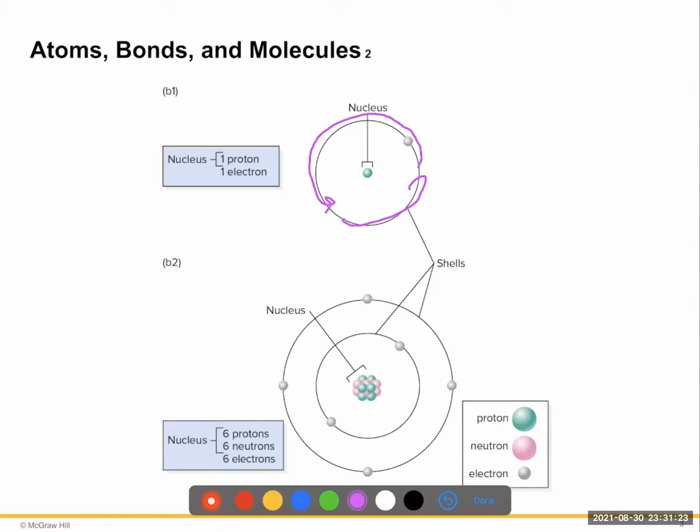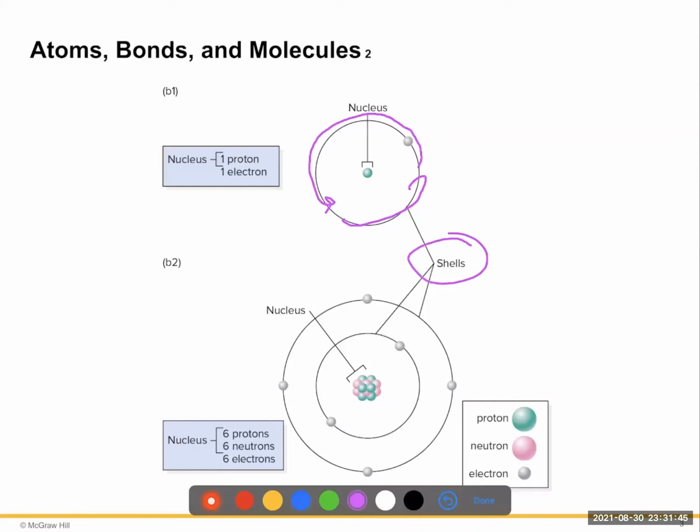The nucleus would be a pea, and the space electrons occupy would be the entire stadium. So the nucleus is a very, very tiny amount. In the nucleus, you have protons and neutrons, and spinning around it in these orbitals, you have what's called electrons. These spin around in what are called shells or energy levels.